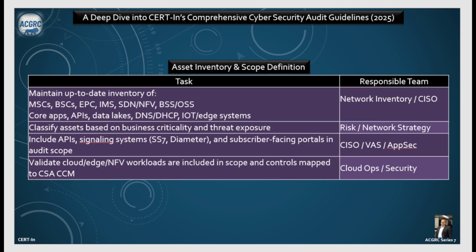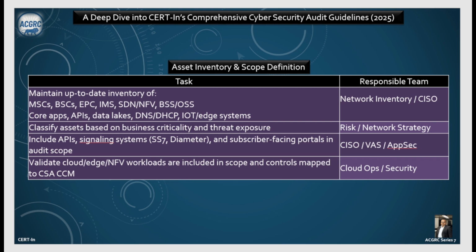The next aspect is asset inventory and scope definition. Step 1 of this process is to maintain an up-to-date inventory. The inventory should include your MSCs, VSCs, BSS, OSS, core apps, your APIs, your data lakes, your DNS, DHCP, IoT, edge system details.